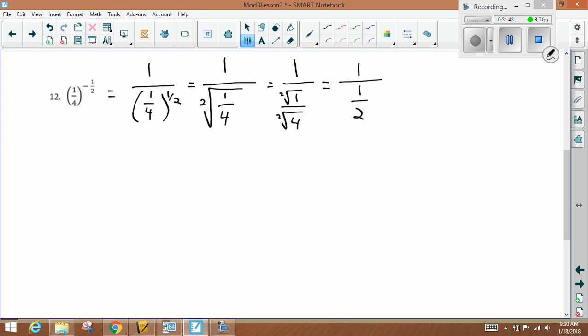I flip and I multiply, and I land up with 2. That is crazy. Right? 1/4 to the negative 1/2 power is 2. Whoa. That's weird.